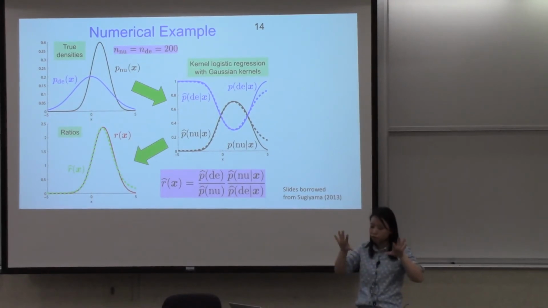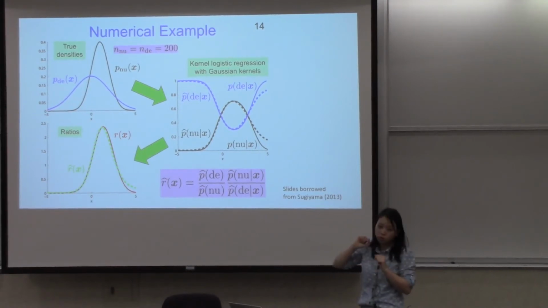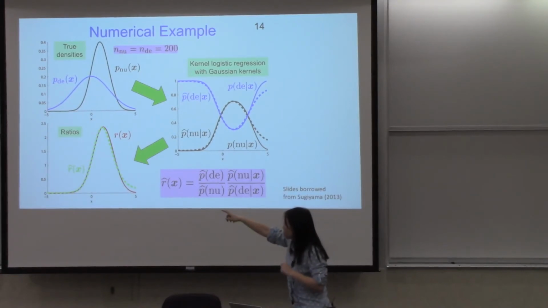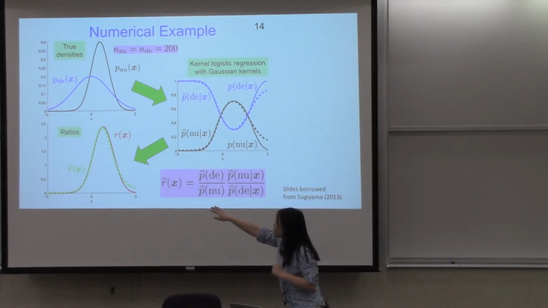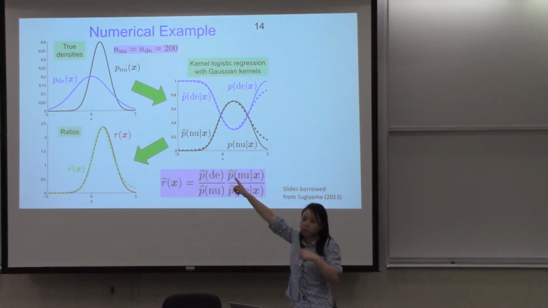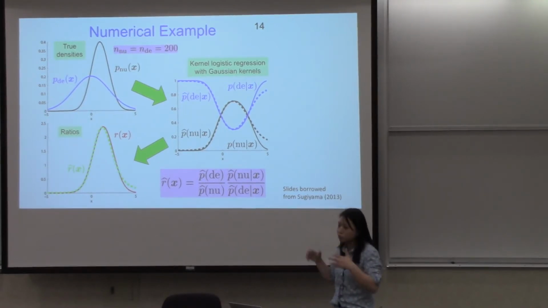So you have two Gaussians, and then you have labels. One is source, one is target, and then you train a kernel logistic regression with Gaussian kernels. And then you apply things back, and you look at what's the true ratio, because the true ratio you can easily get from the true densities. And then you compare with the estimated ratio, which is from this classification problem, and try to align these two, and it works well in this very small problem. So this is an example.